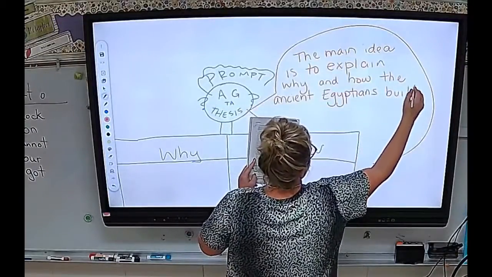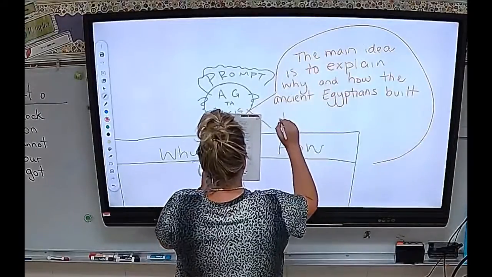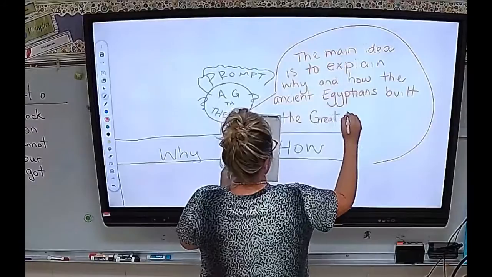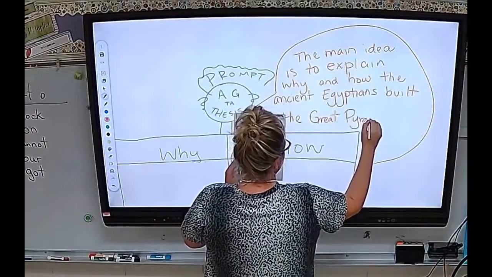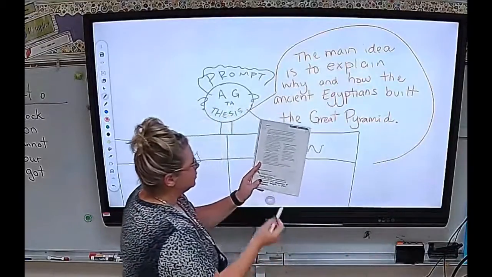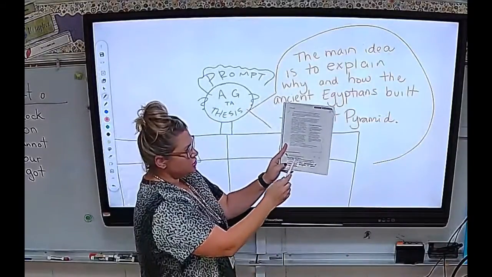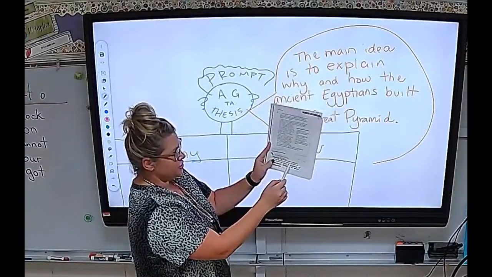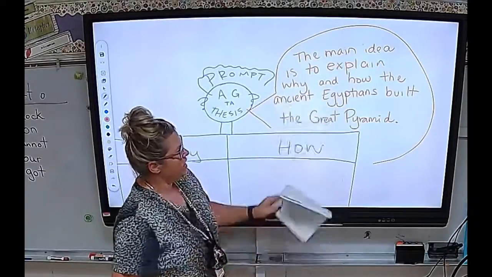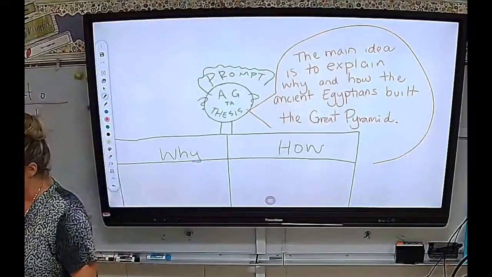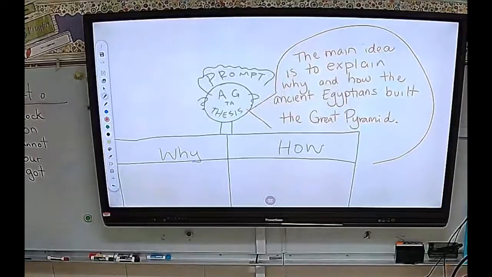Who wrote it? Does it have an author? No, so that's all you put, okay? Here's where you're going to get your thesis from. If you go back and look at your prompt right here: why and how the ancient Egyptians built the Great Pyramid. Word for word from the prompt. You are restating the prompt.